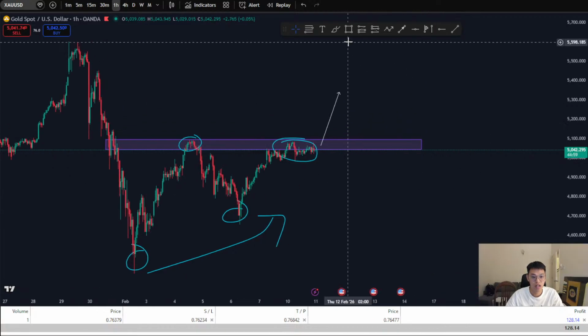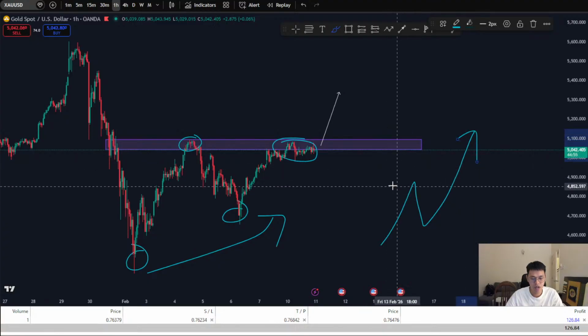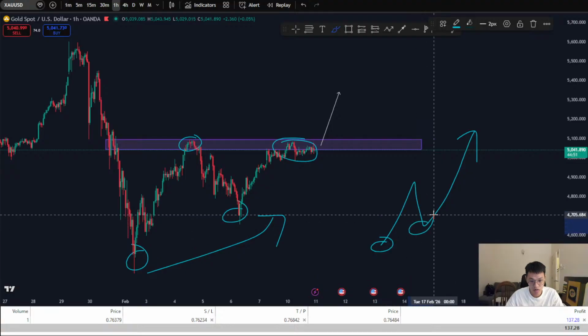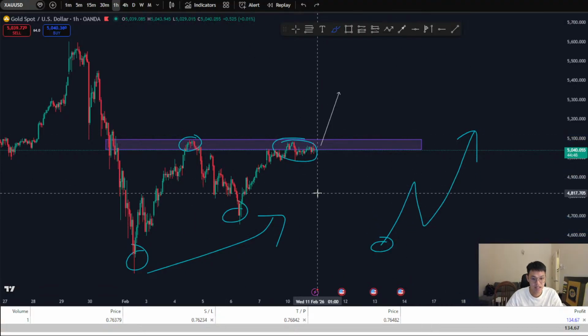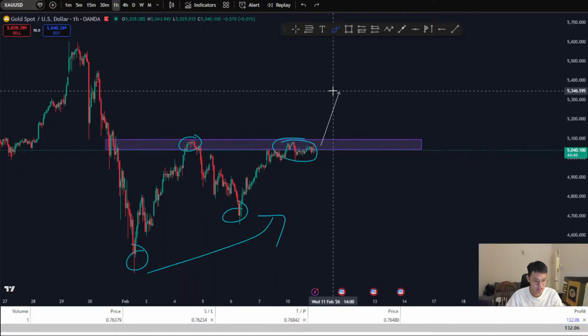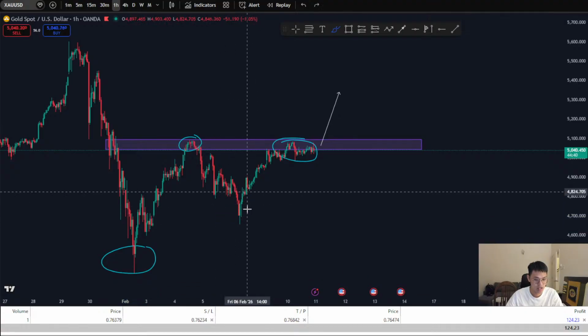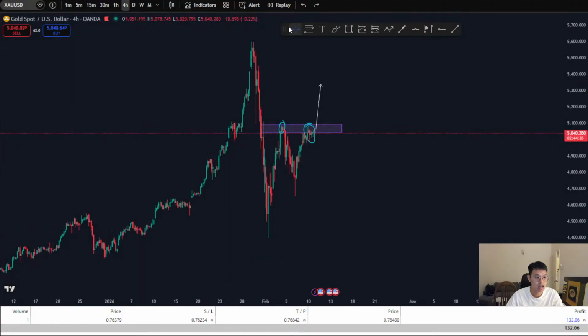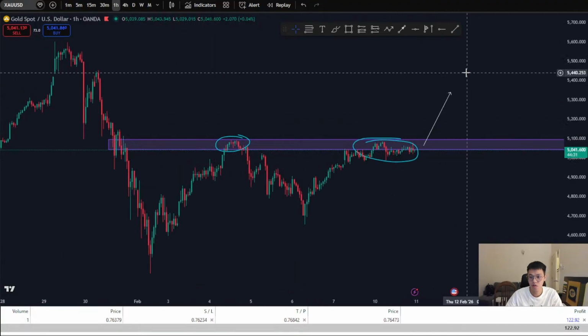What is the pattern of an uptrend structure? Very simple: higher low and higher high. The price has already formed the higher low, so the price has a higher opportunity to break this resistance level and continue to go up.